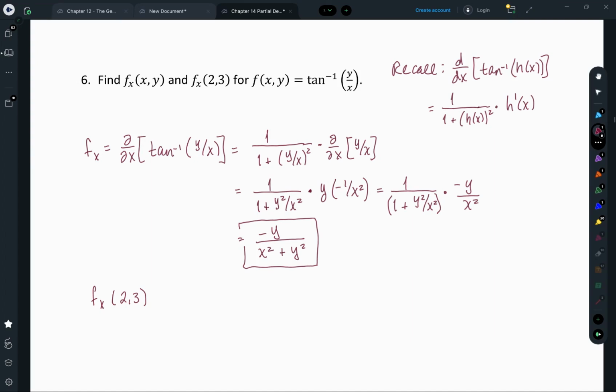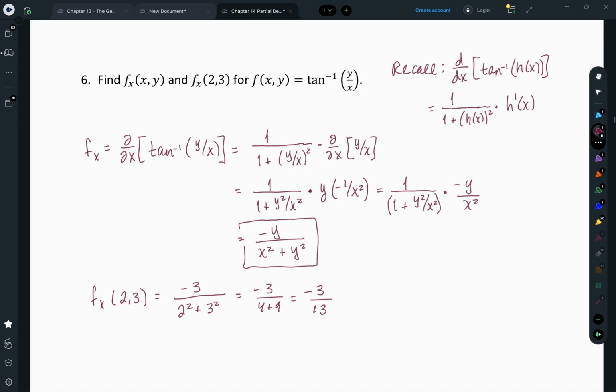That means we're plugging in 2 for x and 3 for y. So this will be negative 3 in the numerator, 2 squared plus 3 squared in the denominator, which becomes negative 3 over 4 plus 9, or negative 3 over 13. And that's our final answer for that one.